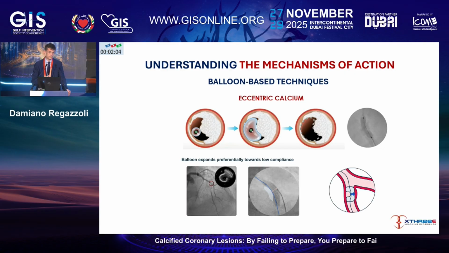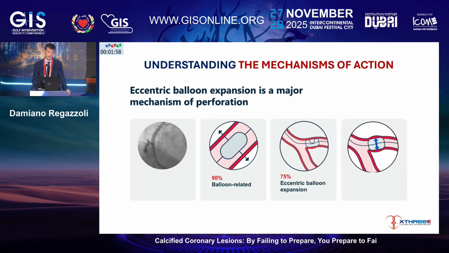That is not a big deal, because obviously when you have to treat this type of lesion, you accept dissection, but you can also create perforation, like in this case, because eccentric lesions need dedicated therapies, dedicated strategies, and we will see it during the next presentation, to be honest.